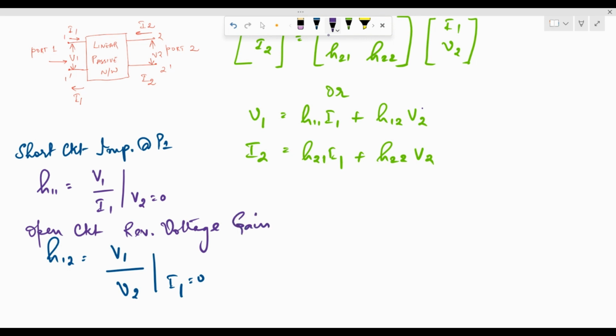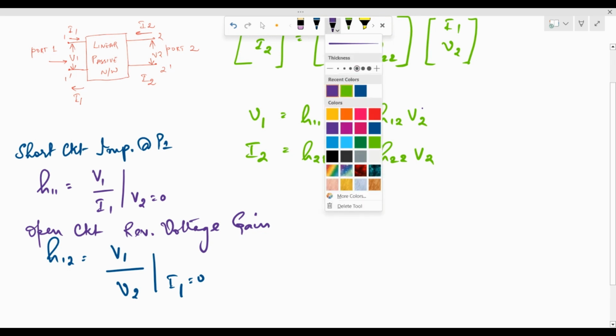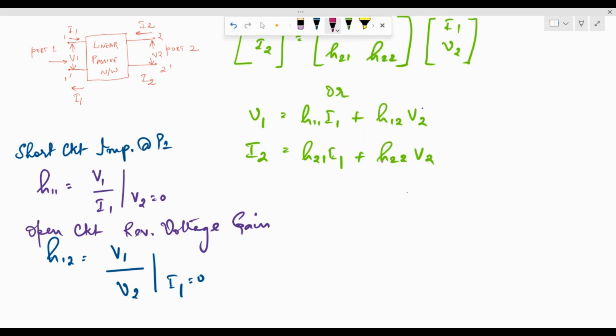Now let's look at the second equation and try to find out H21 and H22. So here, if we see, we have H21, and that can be obtained by considering V2 is 0, which means again I'm considering that port 2 is short circuited.